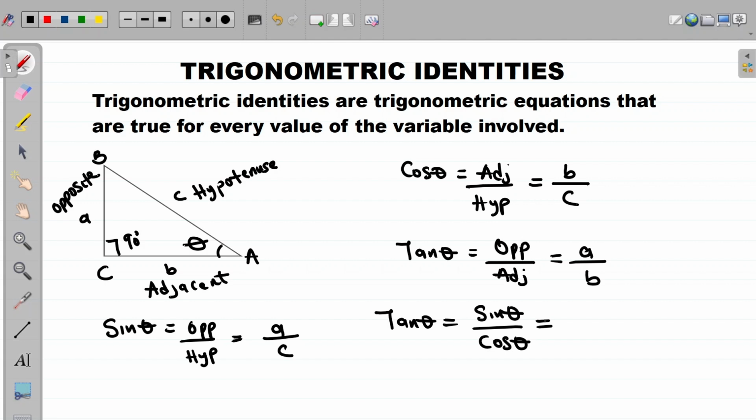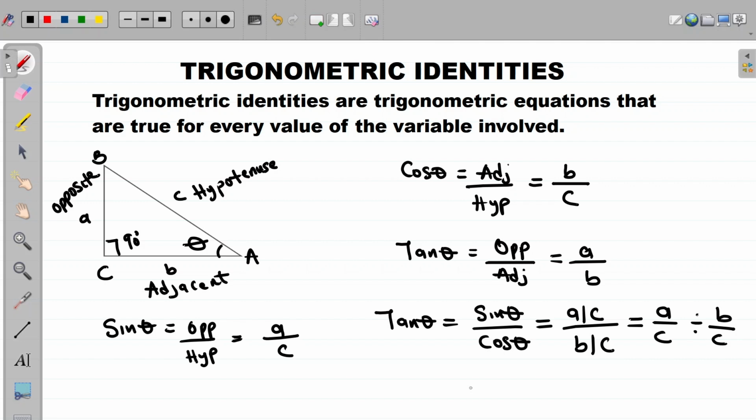Now, from our trigonometric ratios, sine theta is given as A divided by C, and cos theta is given as B divided by C. Mathematically, this can also be expressed as A divided by C divided by B divided by C.